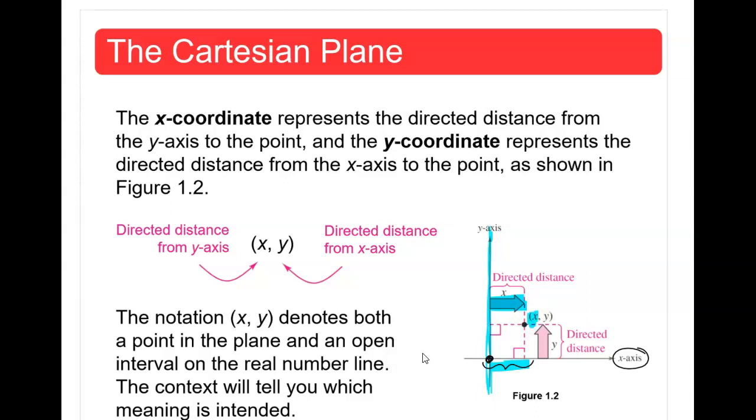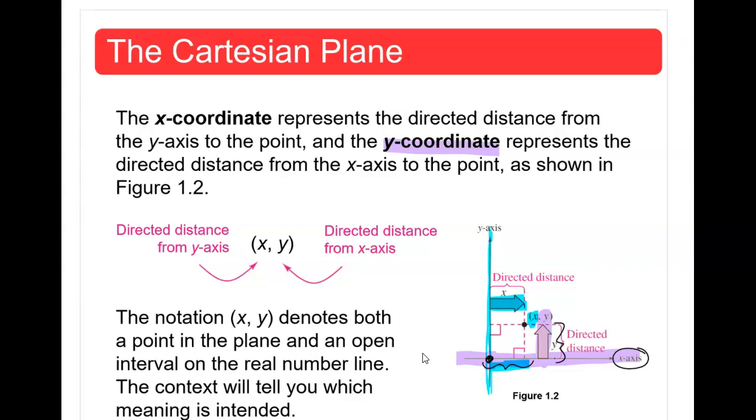That will be x. And then the y-coordinate is going to represent the distance from the x-axis. So if we start at the origin again, here's the x-axis, and so the distance will be from there to here, and it will be considered y. So the same distance, it's there.